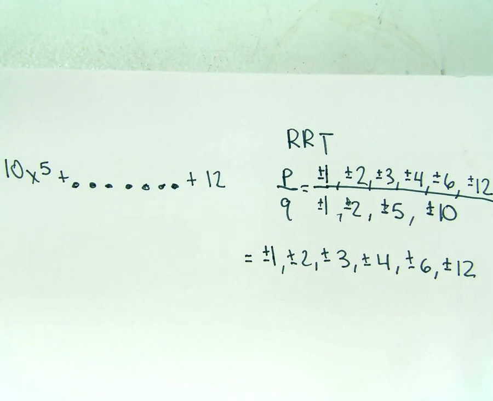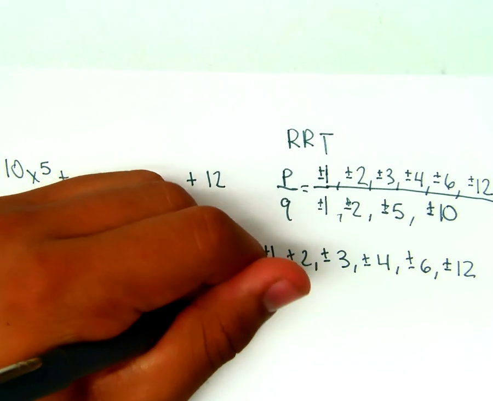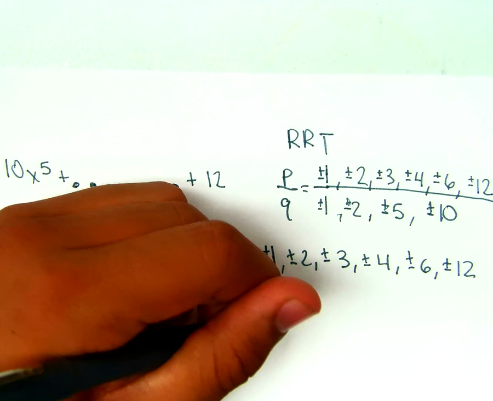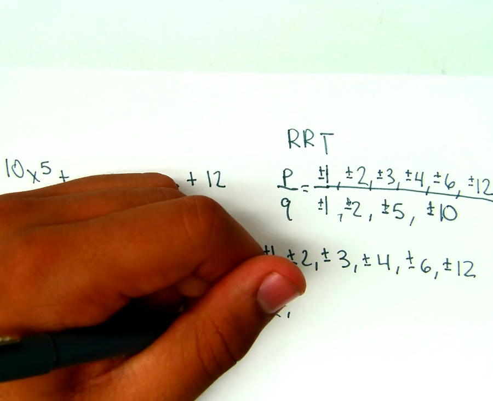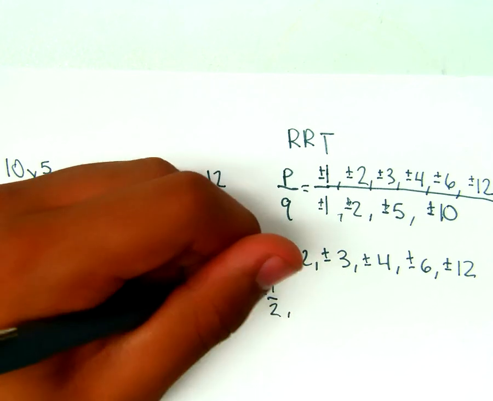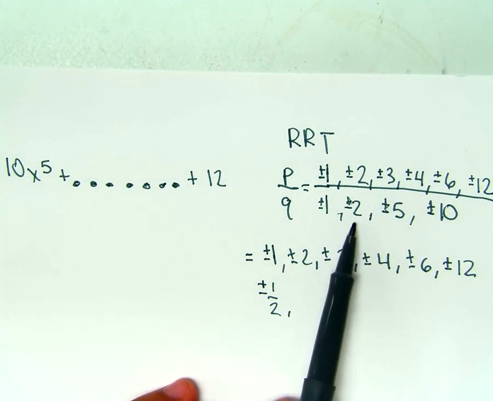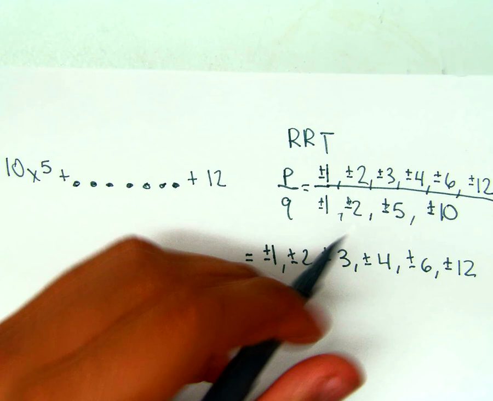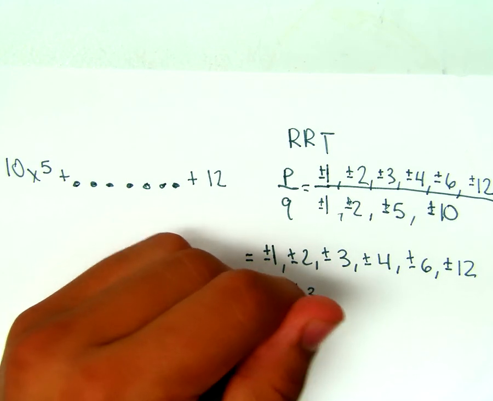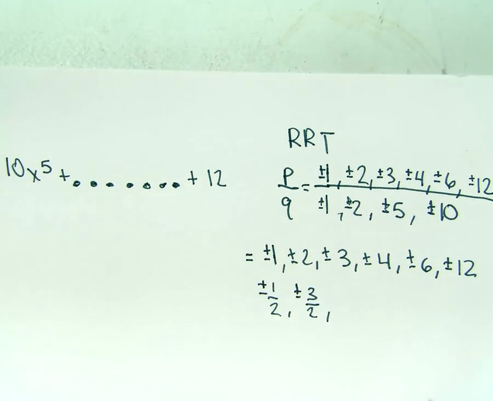So now we're going to do the same thing, but divide by 2. So 1 divided by 2, plus or minus 1/2. 2 divided by 2 is 1. Do we already have 1? So do we have to write it again? No. Okay. 3 divided by 2 is plus or minus 3 over 2. Just write it as a fraction though.